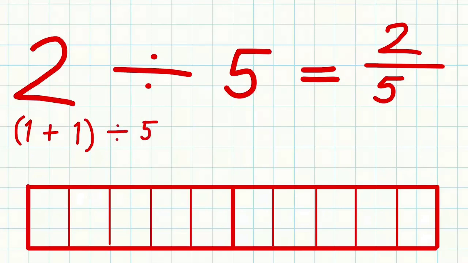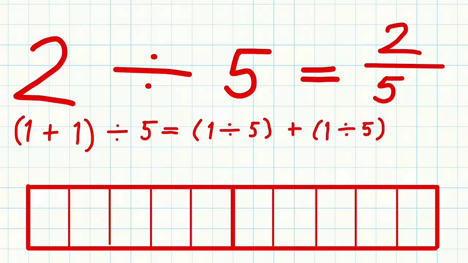So what we are doing is dividing each one before we add them together. And this is called the distributive law. So we get a fifth plus a fifth, which adds up to 2/5.